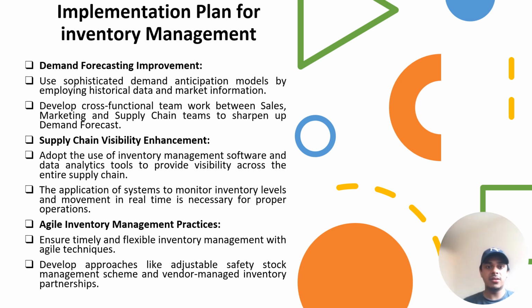In the second place, we are going to use data analytics and inventory management software to increase supply chain visibility. These tools will give us on-the-fly data about available inventory, transportation, and its flow through the supply chain, allowing for improved decision making and better resource allocation.